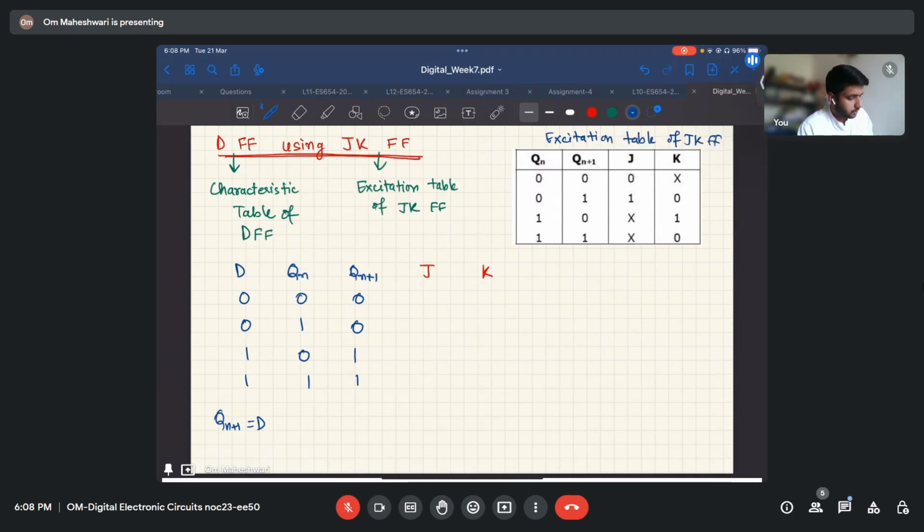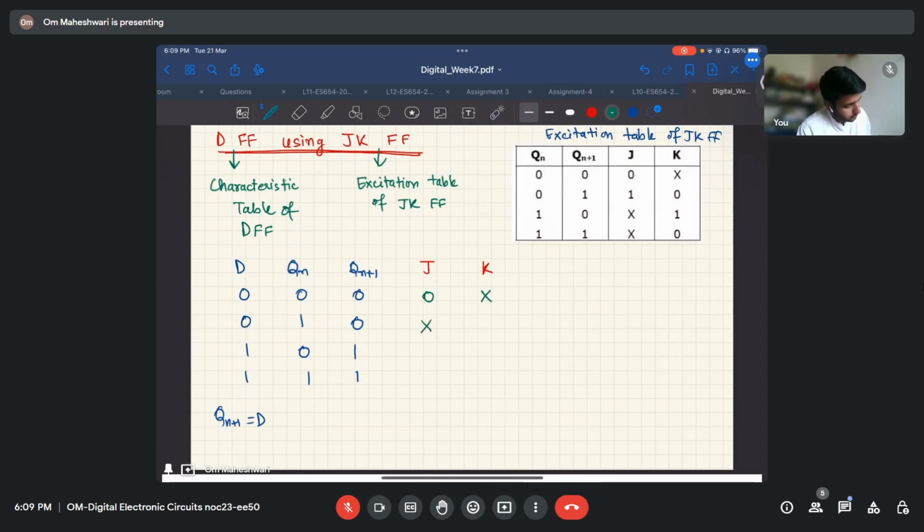Now let us see. When we have D, Q in the 0 0 case, we have J 0 and K don't care. In the 1 0 case, we have don't care and 1.